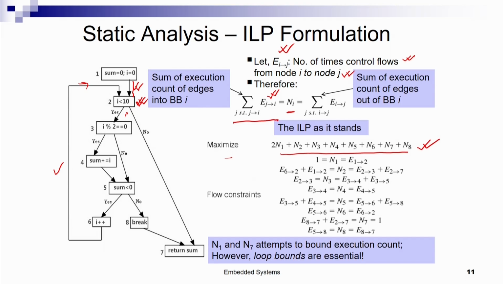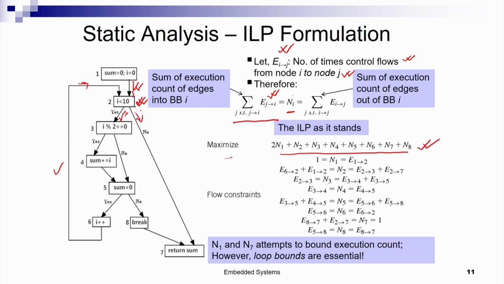Similarly, it will be the same as the number of times that control flows out of the basic block. So, the number of times the basic block is executed is also equal to the number of times control flows out of the basic block, and essentially this property will be used to generate the constraints. For example, in our case, the number of times control flows into basic block 2 is equal to the number of times this basic block executes, and is equal to the number of times these two branches are taken.